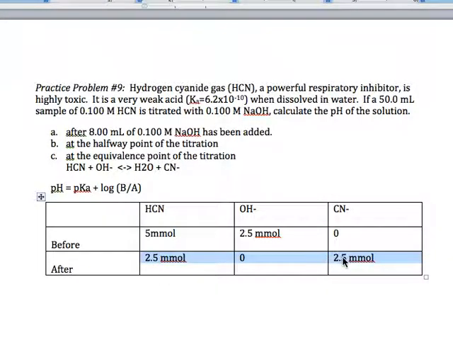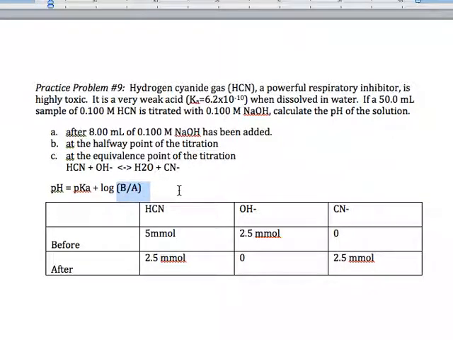And if you look, we have this unique situation. Because I've added half as much base, I have the same amount of acid as I have conjugate base. So if you remember what we were talking about in class the other day, if B over A is 1, if my acid equals my conjugate base, this is going to be the log of 1, which hopefully you know is 0.